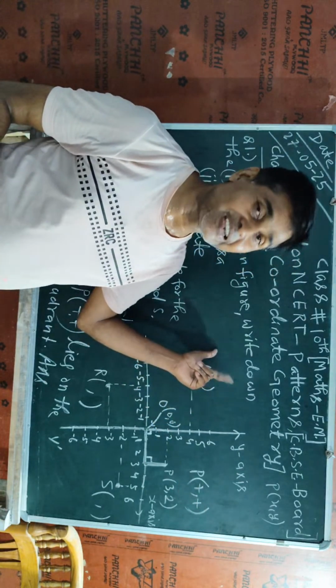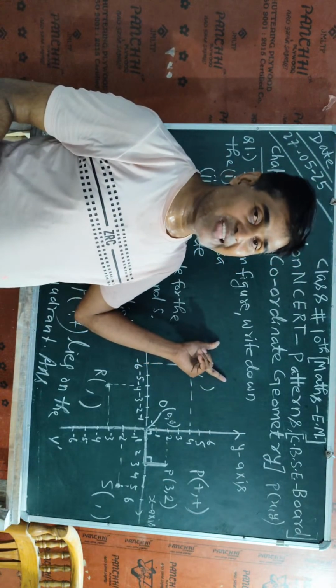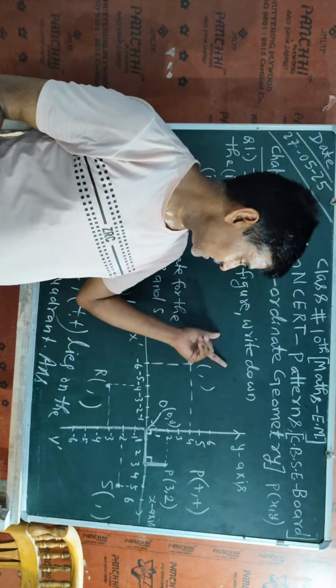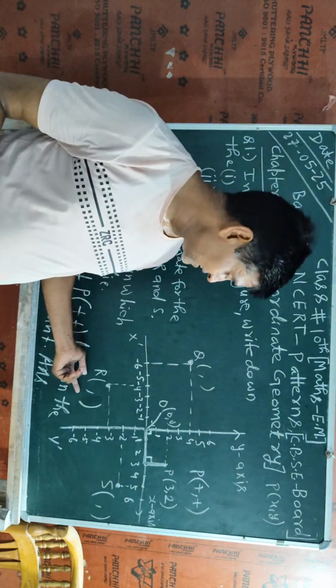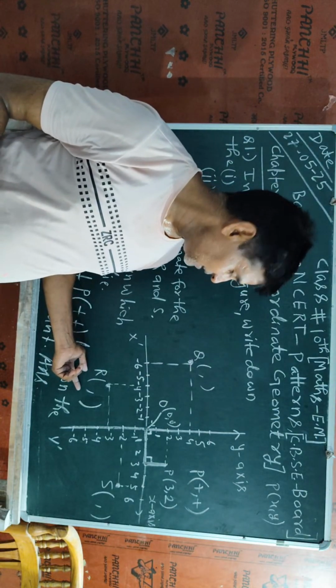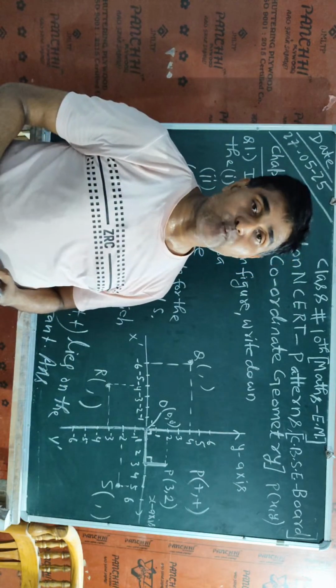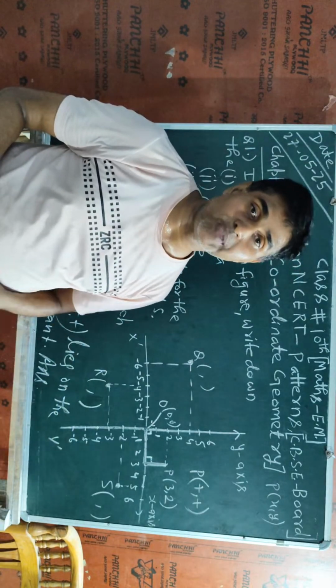If abscissa is negative and ordinate is positive, I will say that it will lie in the second quadrant. If both have a negative sign, I will say that it will be in the third quadrant, and so on. In the fourth quadrant, the sign of abscissa will be positive, but ordinate will be negative.